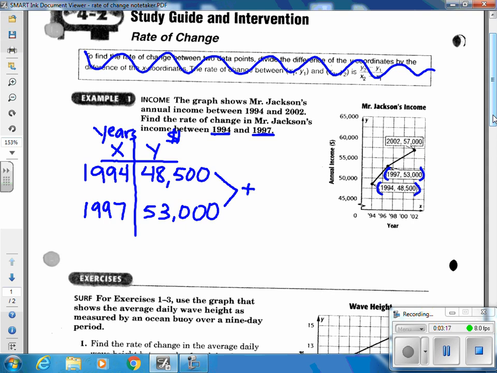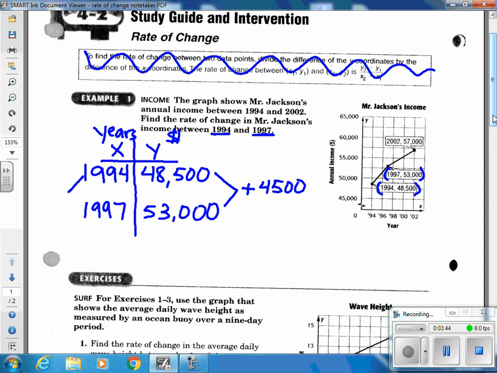You can use the calculator, or you can do it mentally, and subtract 53,000 minus 48,500. That will give you a $4,500 difference. So to go from 48,500, if you add 4,500, you do get 53,000. So you have to figure out what the difference is between those two values. You'll never have a negative unless it's decreasing.